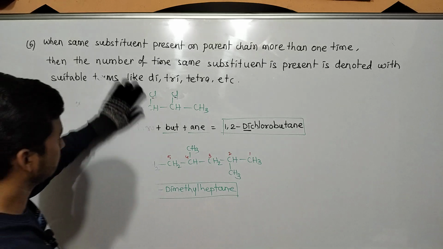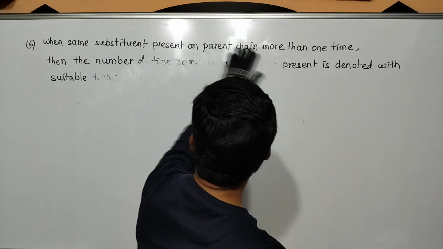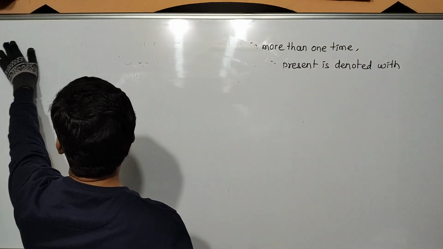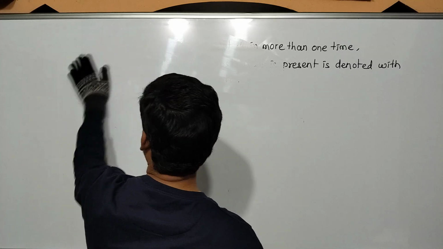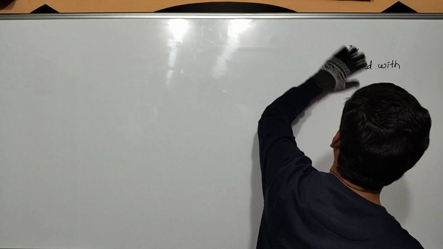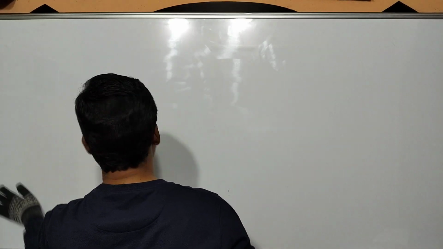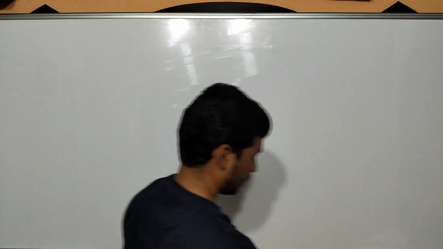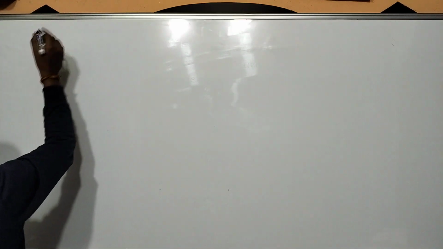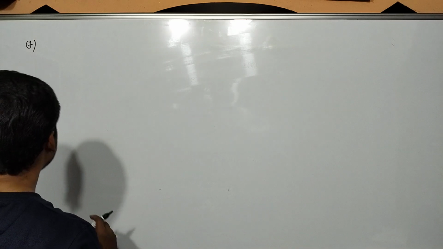Next, going forward towards the 7th rule, that is the last one in IUPAC nomenclature of acyclic compounds, open chain compounds. What is the 7th rule?